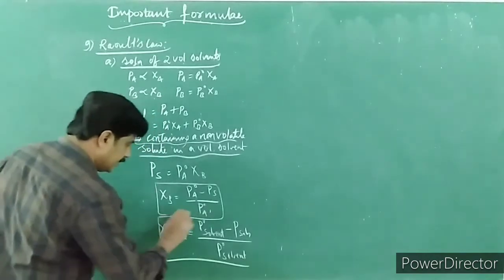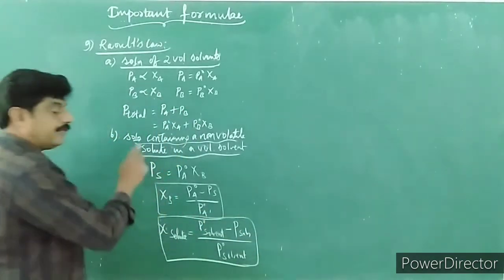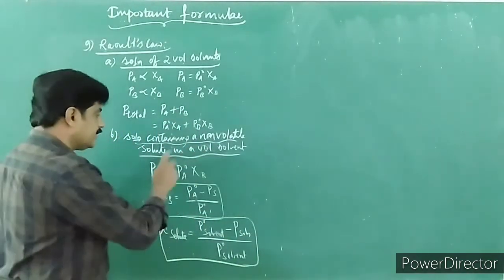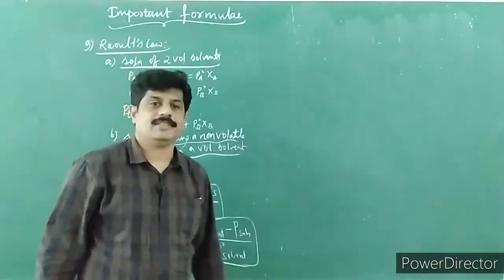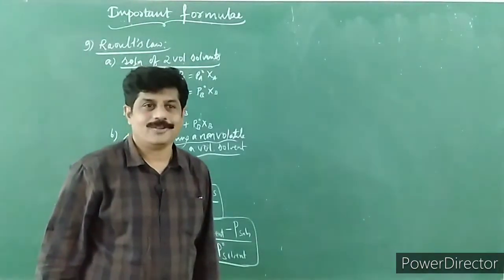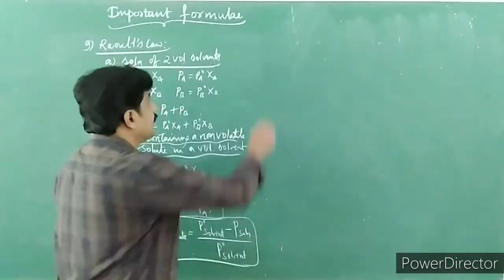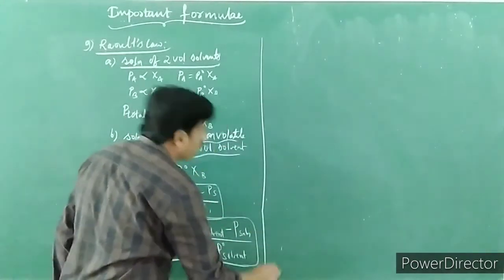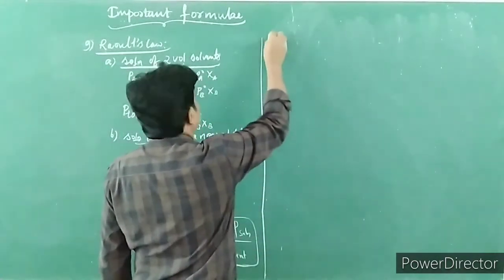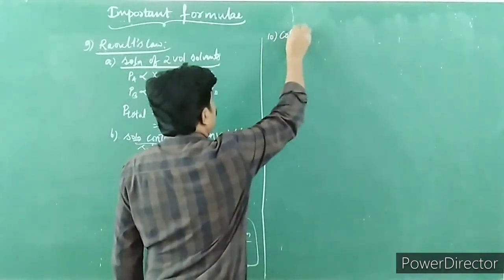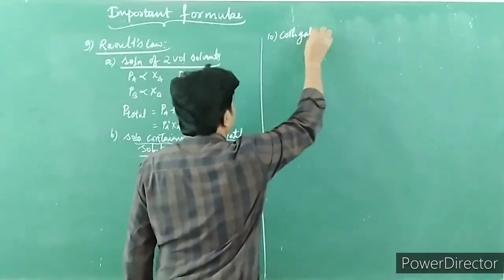This is in general for Raoult's law for a solution containing a non-volatile solute in a volatile solvent. Is it not? After this, you have learnt about colligative properties. 10th one, colligative properties. What is the colligative property?